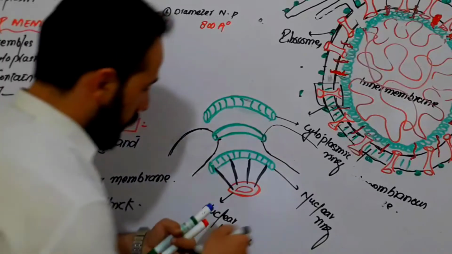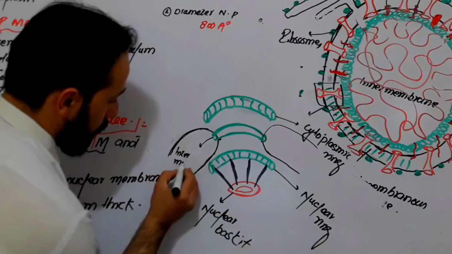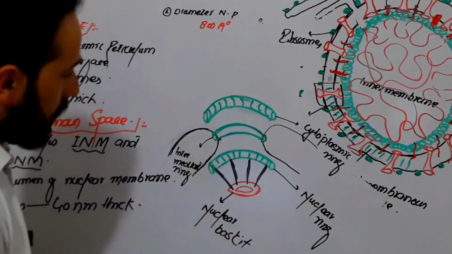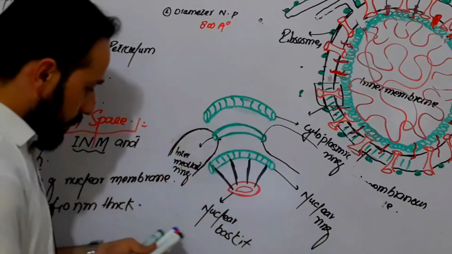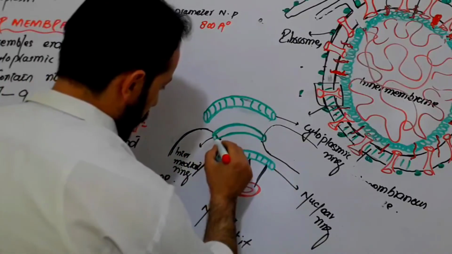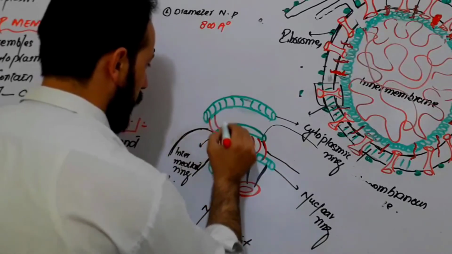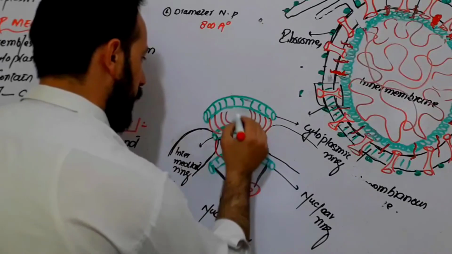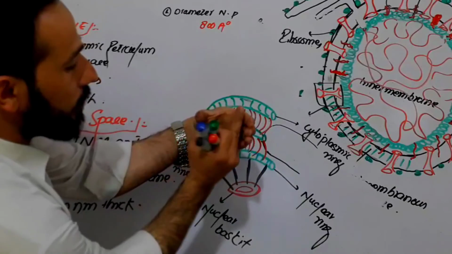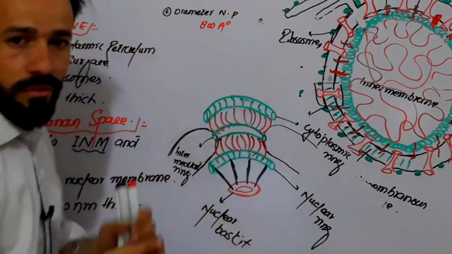So this is the intermediate ring, in between the cytoplasmic and the nuclear ring, and these rings are connected with each other. All these rings are connected with each other like this, so they make a whole. I have drawn this part, and this part has been removed, so I will draw it from above also, then we will see.